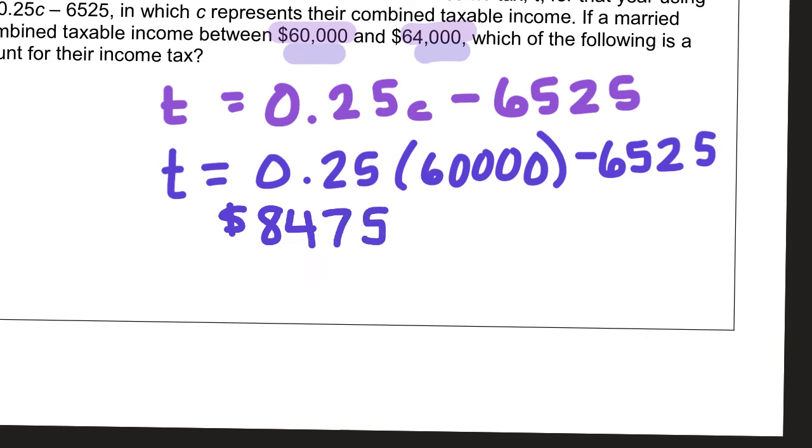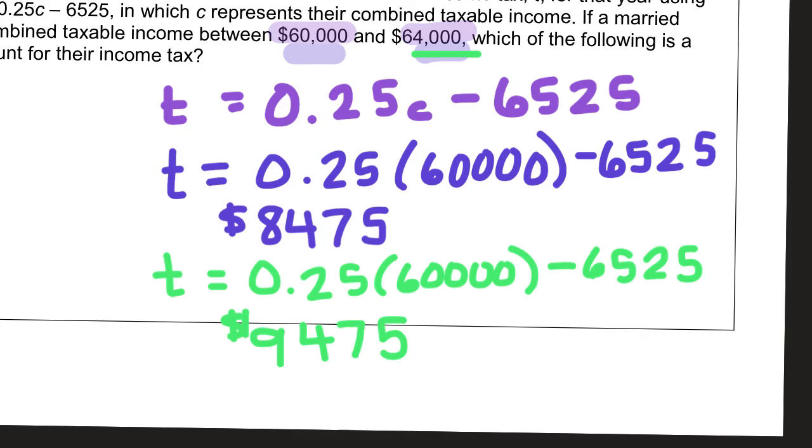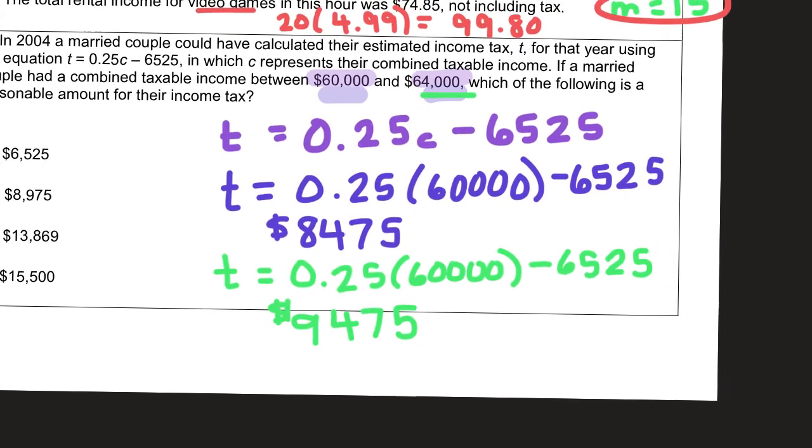Is that going to be a lower range or an upper range? Now let's look at the next one for 64,000. We'll also substitute that into our equation and then solve. Now we have our lower range and our higher range. So let's look at the answer.